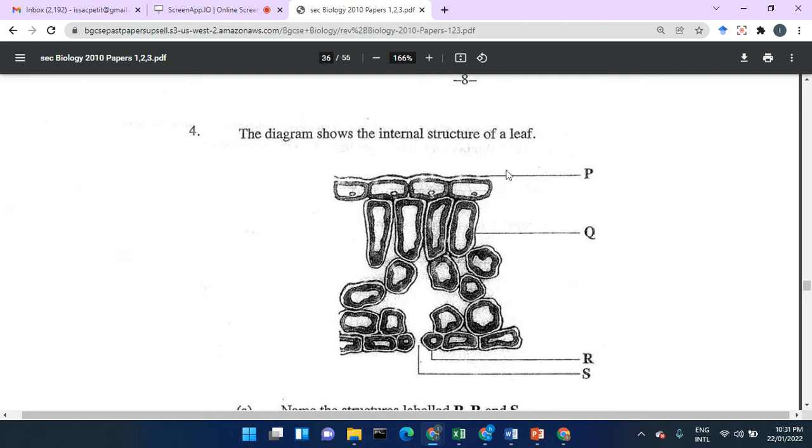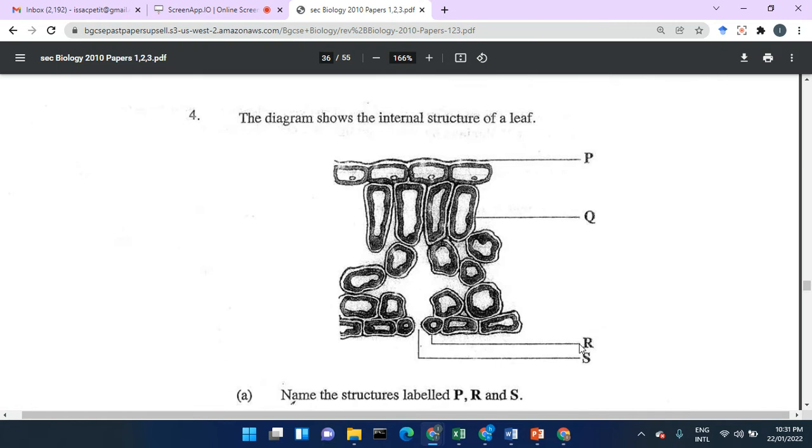We have a line pointing to a structure labeled P, and a line that points to a structure which we label Q. And we have a combination of two lines, one goes down and one across, pointing to a structure which we label R. And then here we have the structure labeled S. All these structures are parts of the internal structure of a leaf.